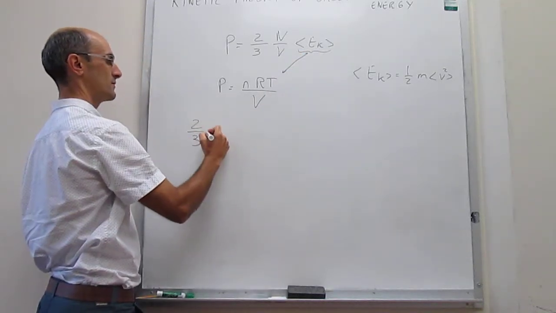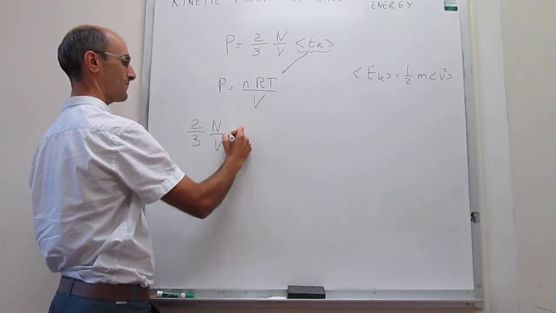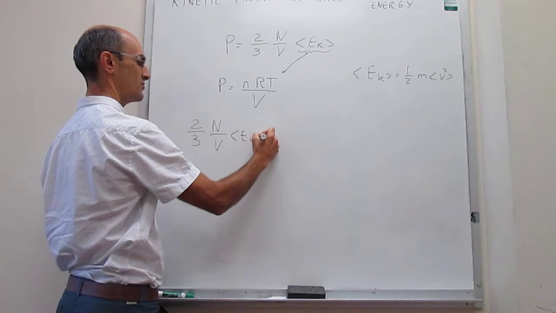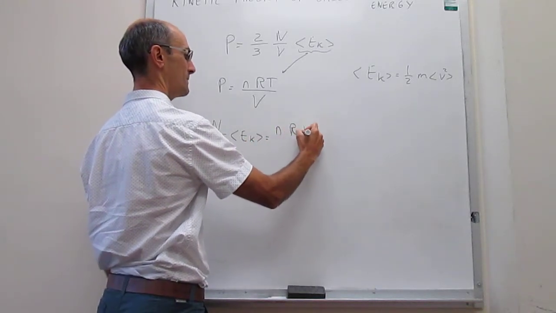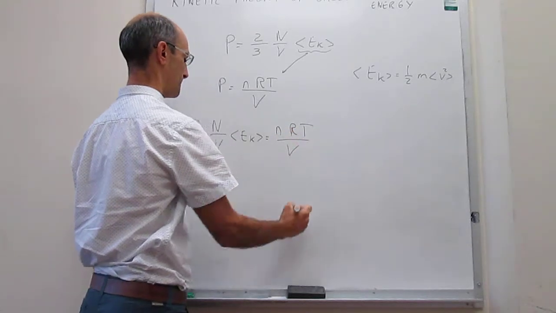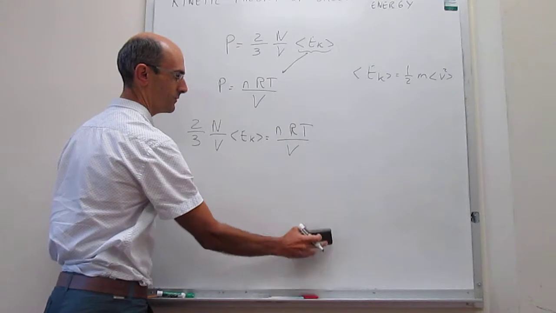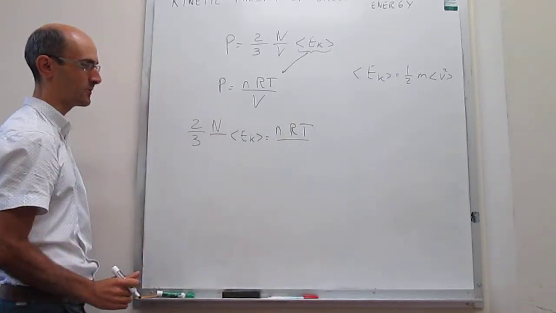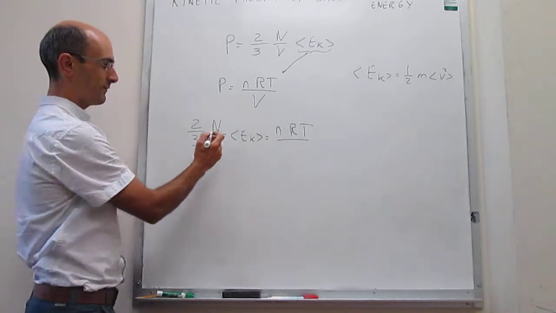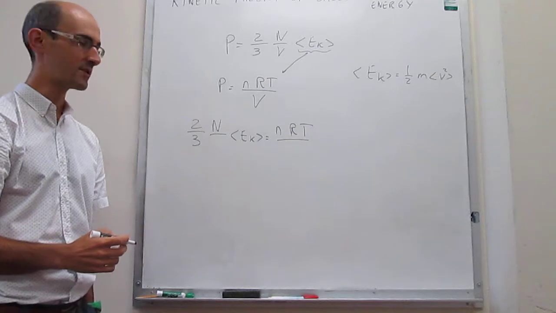We have 2/3 of the number of molecules or particles over volume multiplied by the average kinetic energy, and this is equal to the number of moles times RT, over volume. Right from the get-go, we can get rid of the volume because it cancels out from both sides of the expression. Now, we have the number of particles and the number of moles, but those two things are related.